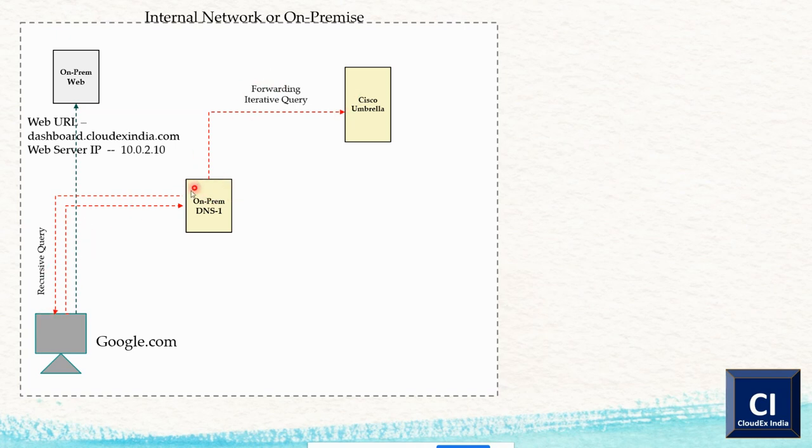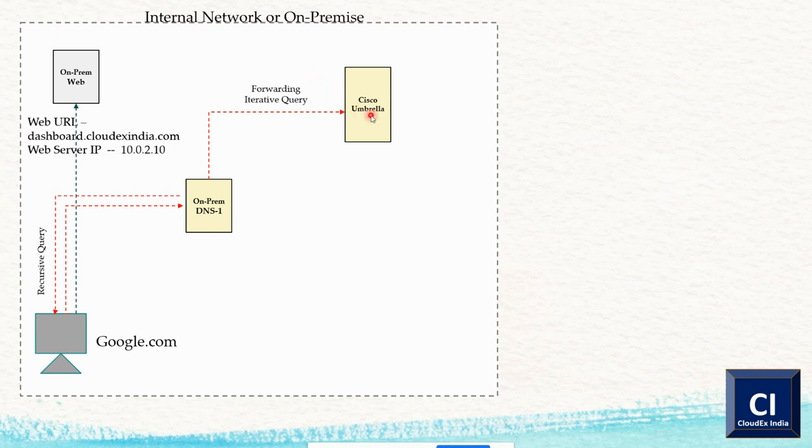You send the query to your on-premises preferred, primary DNS, and the query is recursive from client to DNS. Then the DNS server forwards this query to the next DNS server, Cisco Umbrella. That is a forwarding, and the query is known as an iterative query.